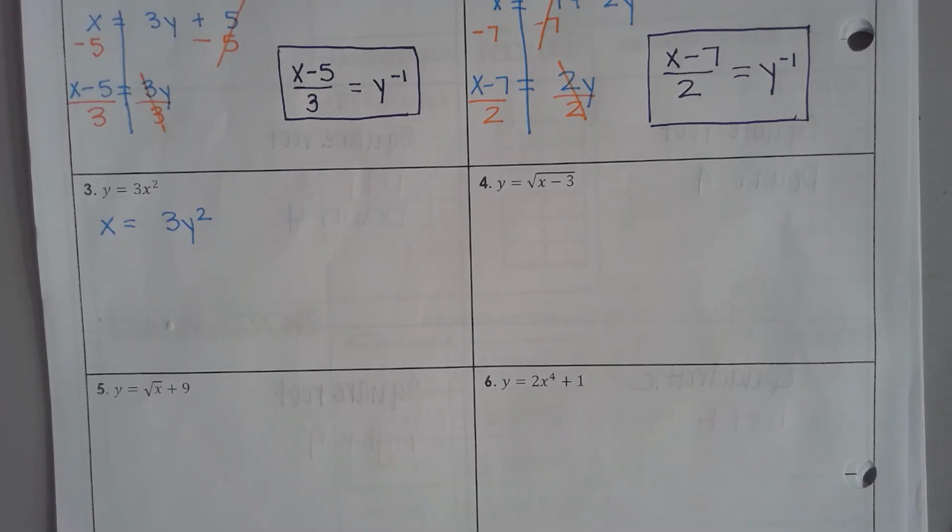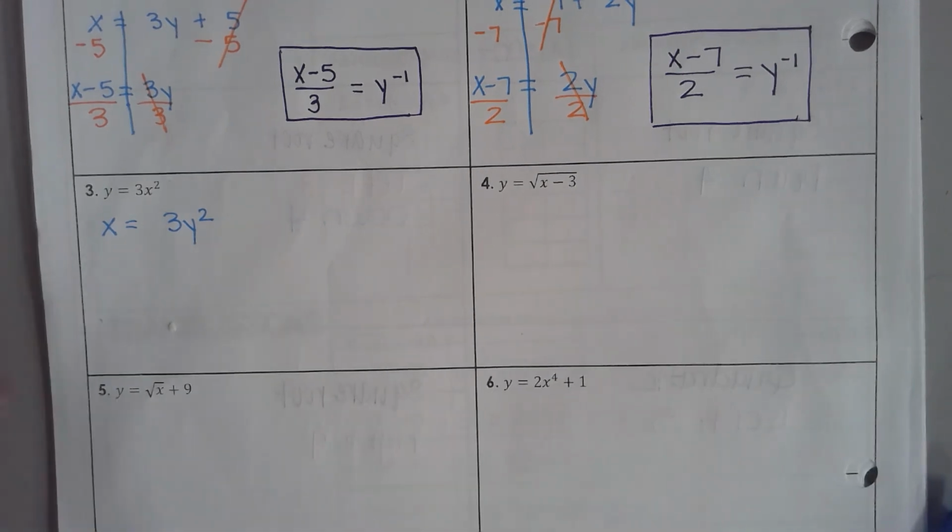And my goal is to get the y by itself. Now we can't get rid of the square just yet. We've got to get rid of the 3 first. How do I get rid of that 3? Divide by 3. Yep.